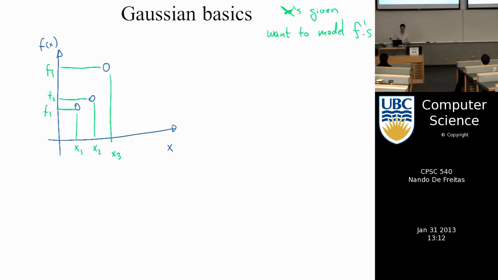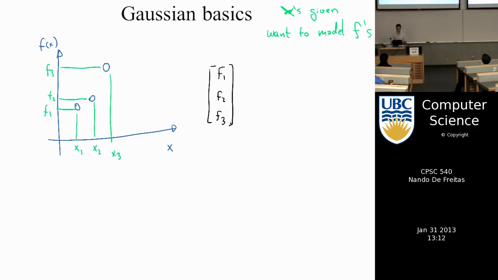So in particular, f1 and f2 and f3, which are 3 numbers, form a vector.